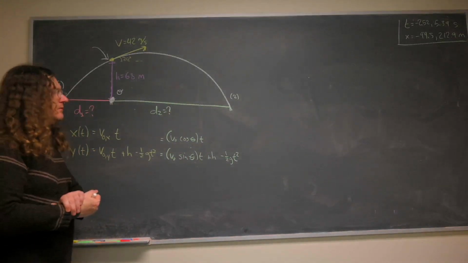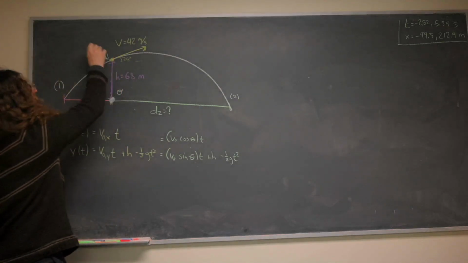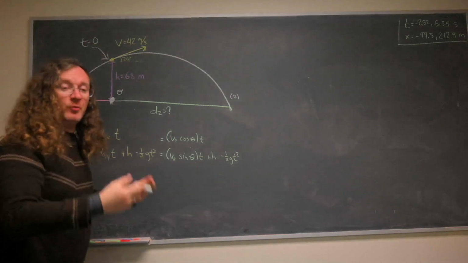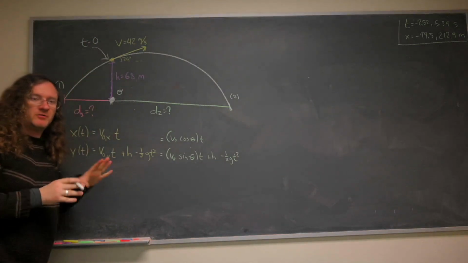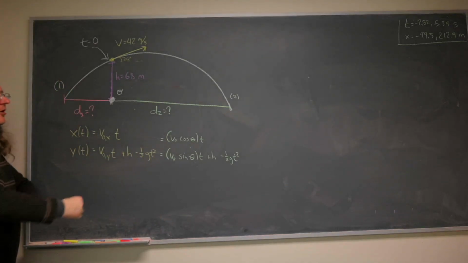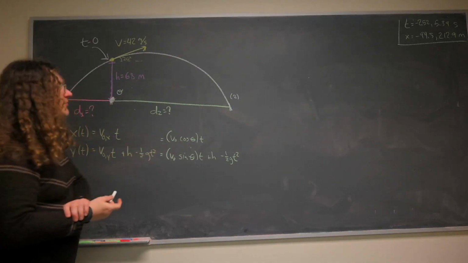And one thing to note is if this point is t equals 0, it was launched before t equals 0, right? It was launched sometime in the past from where we've made our measurement. So we can anticipate, we can sort of guess what will happen here, right?